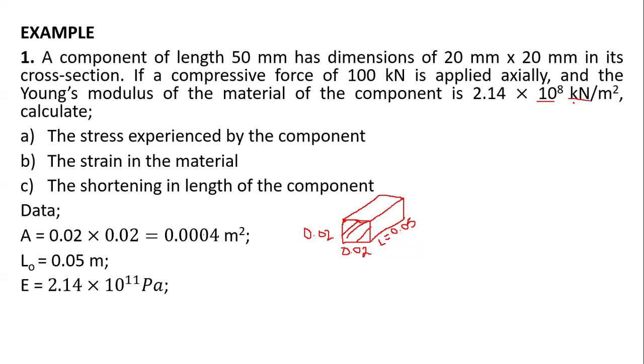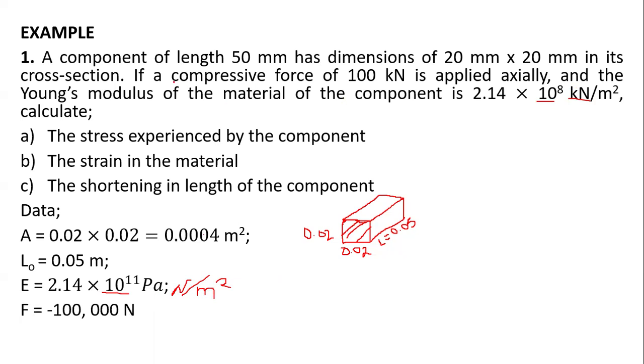So 10 raised to power 3 times 10 raised to power 8, I just add the 3 and the 8. Then I have 10 power 11 newtons per square meter. Newtons per square meter, or basically Pascal, it's the same thing. So we convert this to the normal unit because we cannot leave it like that.